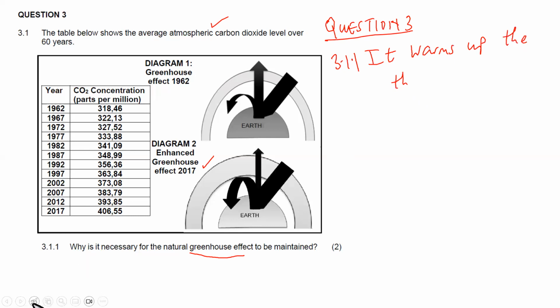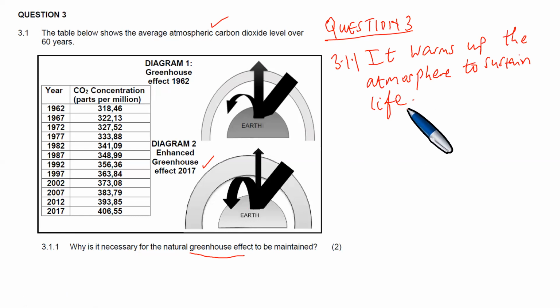So you must know about the greenhouse effect for the paper 2 life sciences exam. I'm yet to discuss that in detail, but take note of what must be known for the exam. What is the purpose of the greenhouse effect? It warms up the atmosphere to sustain life.